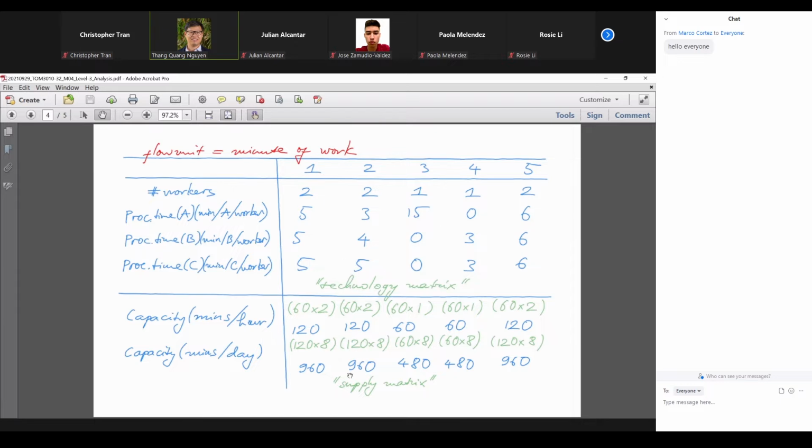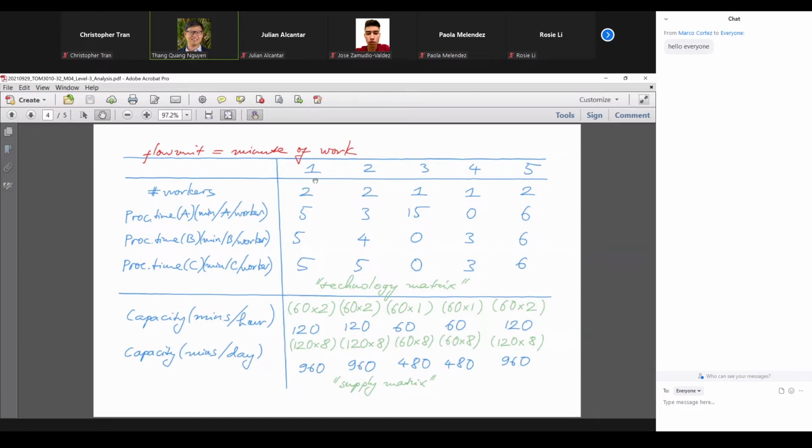The second one is the supply matrix, where we calculate how many minutes of work that each of the stations can render, right? We do that per hour first, and then we scale it up by 8 hours per day, right? Then we have these numbers. So again, these numbers are the following.